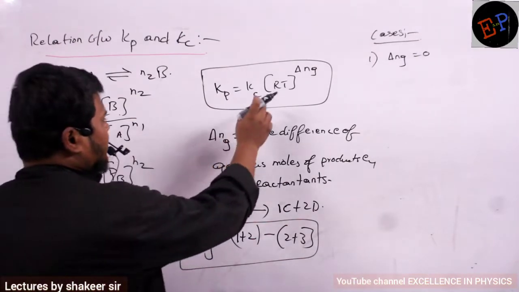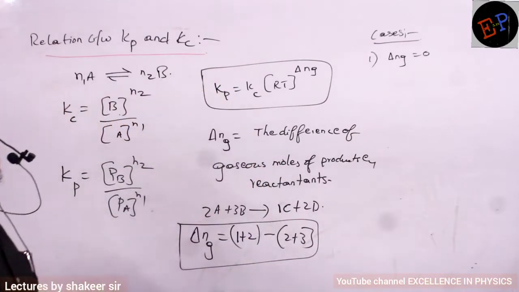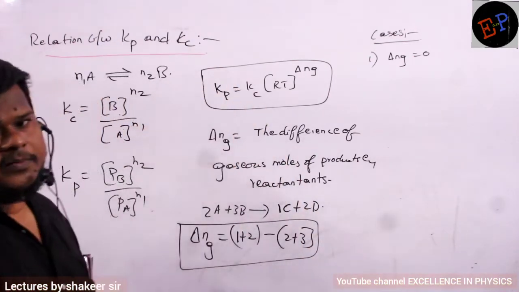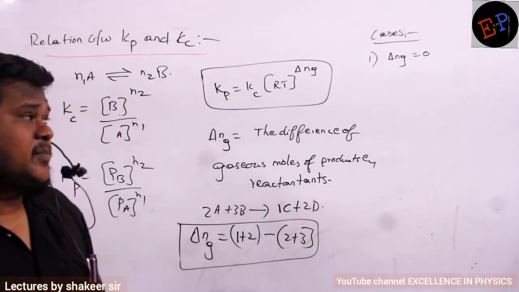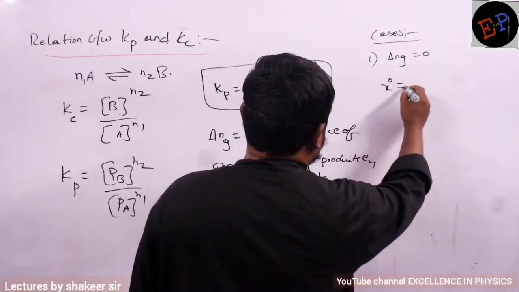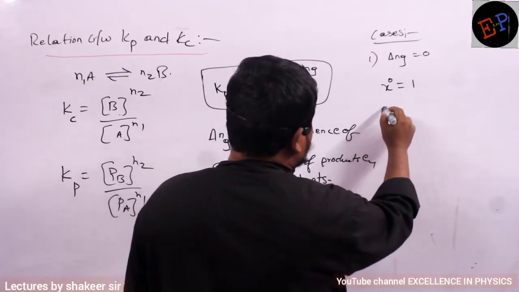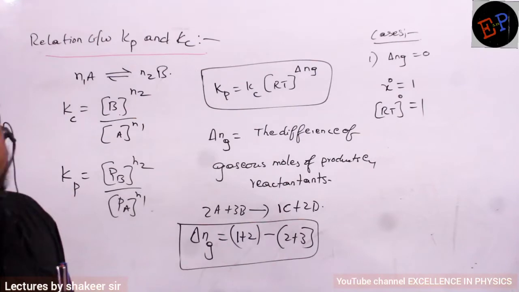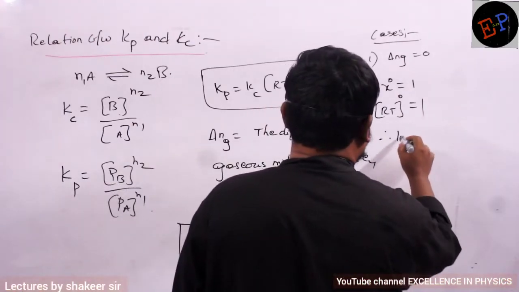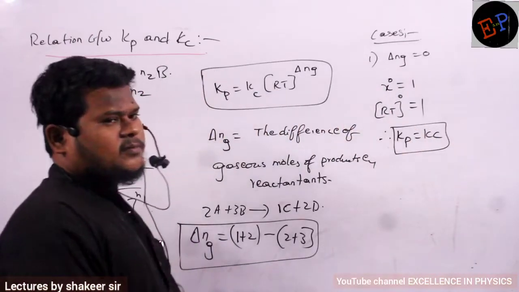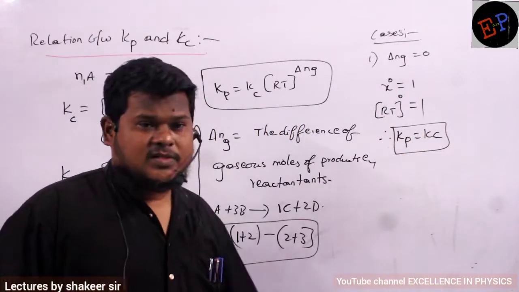Then Kp will become equal to Kc, because anything to the power 0 is 1. So RT to the power of 0 will become 1 only. Therefore, I can write Kp equals Kc. Questions were asked previously on these cases also.